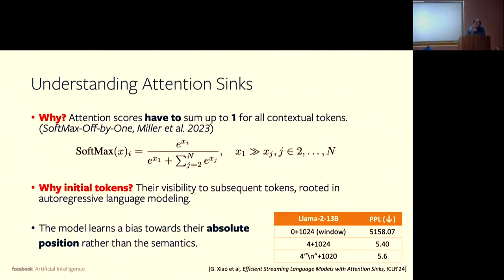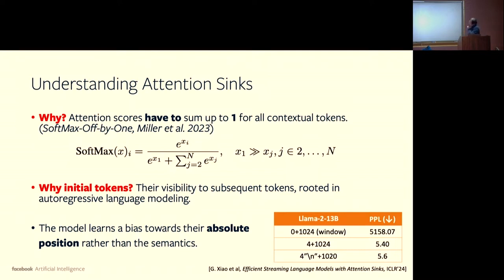So what happens there? We have this hypothesis: in many situations we don't need that attention, but it has to sum to 1 because of the softmax. So the model overloads very strong attention scores onto the initial few tokens in order to do that.